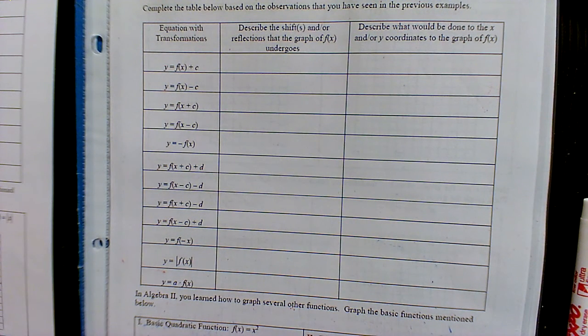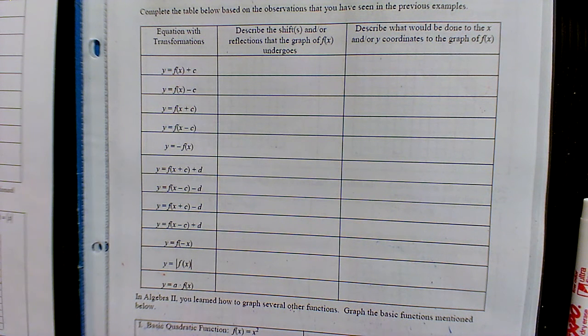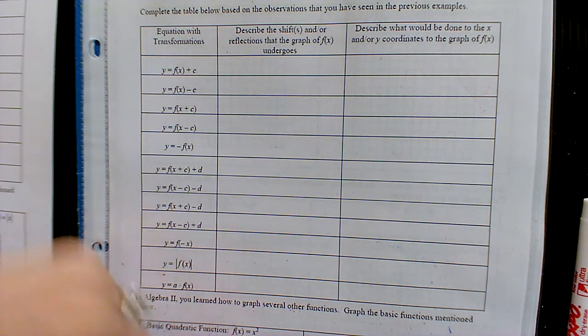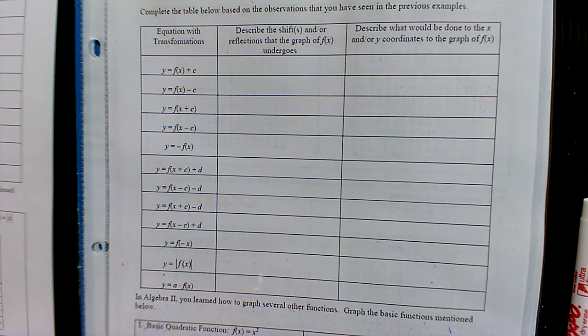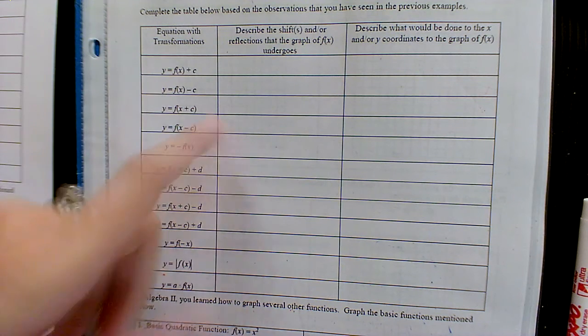We have this inside idea versus outside idea. We have negatives. We have a multiplication out front. Okay, we're going to nicely organize all these different transformations in this table. So in this first column, we're going to describe the shift or the change or the reflection, whatever it might be, based off of the equation on the left.